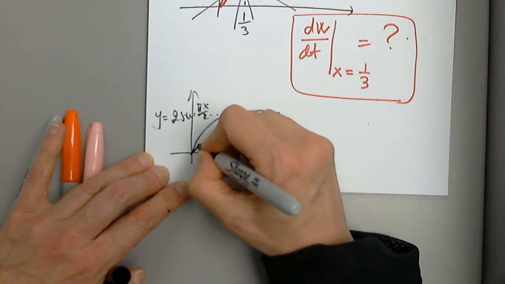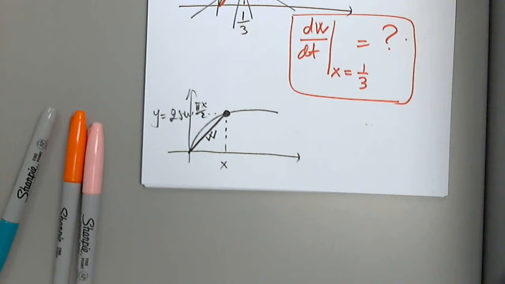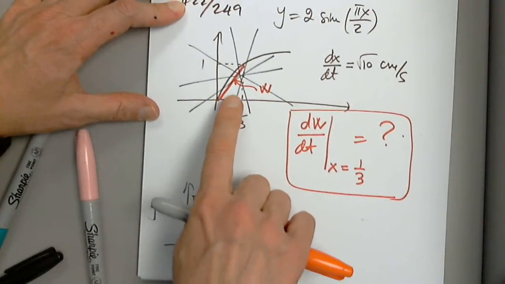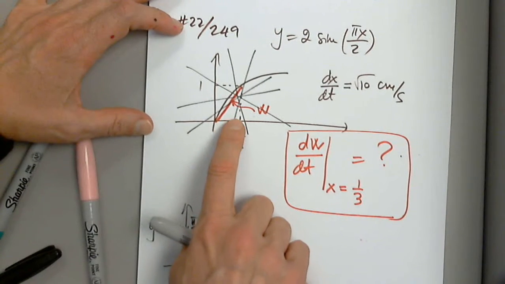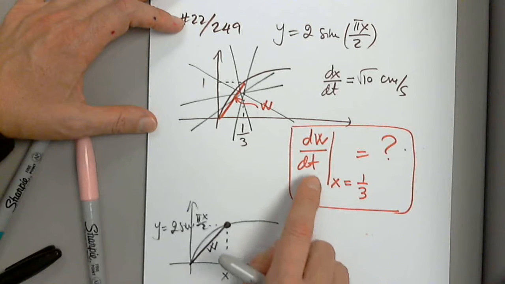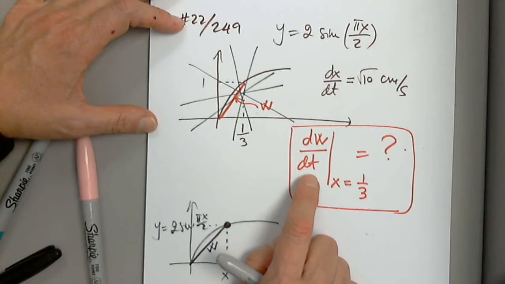And I picture the distance, which is w. I will not be fooled by what they are trying. They're trying to trick us into using this before we find an expression for w and the derivative for w.